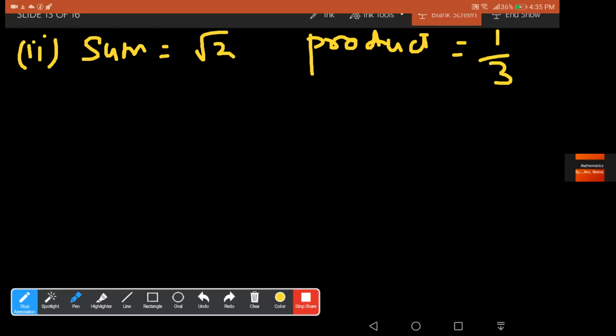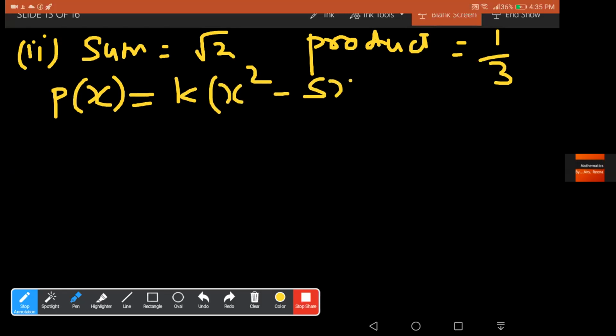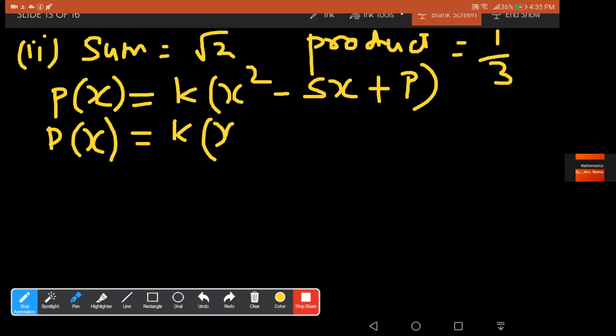For the next part, I have sum equal to √2 and product equal to 1/3. So what will be the required polynomial? Generally, we can write this method x square minus sx plus p, where s is the sum and p is the product. So here I can write it as px equal to k into x square minus √2x plus 1/3.